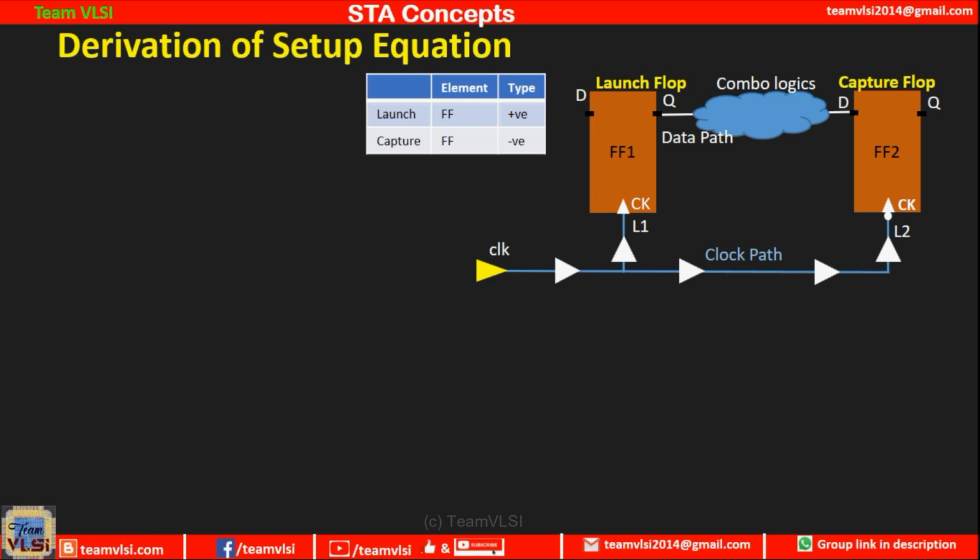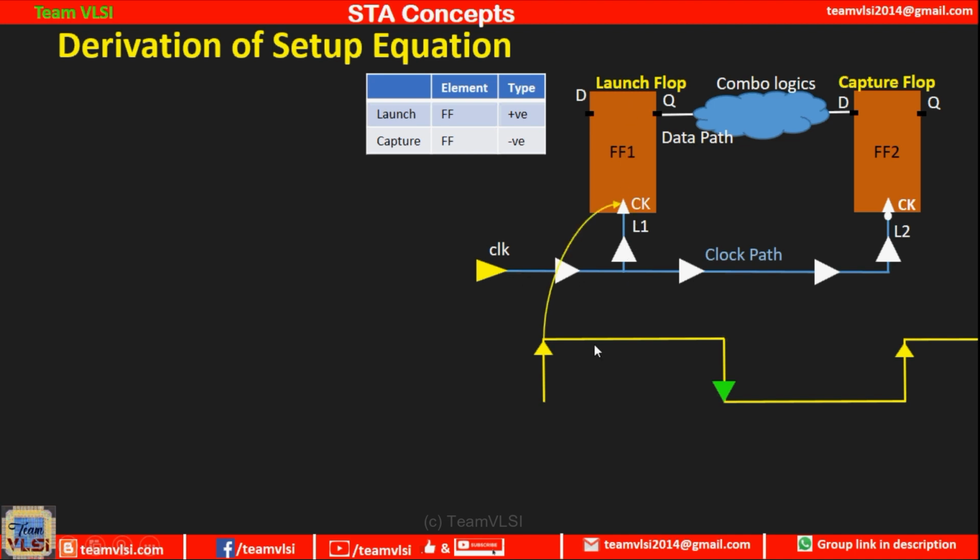Here the launch flop is positive edge triggered and the capture flop is negative edge triggered. The dot symbol on the clock pin symbolizes that this capture flop is a negative edge triggered flop. At the clock pin we have the clock waveform like this, and our data will be launched by the launch flop once this positive edge moves from the clock pin to the CK pin of the launch flop.